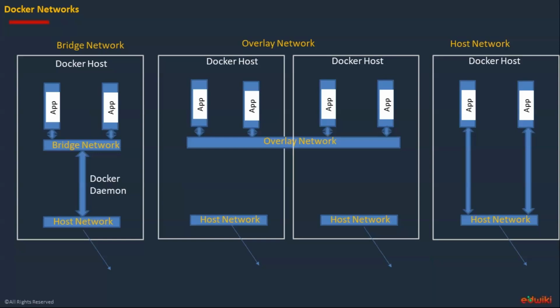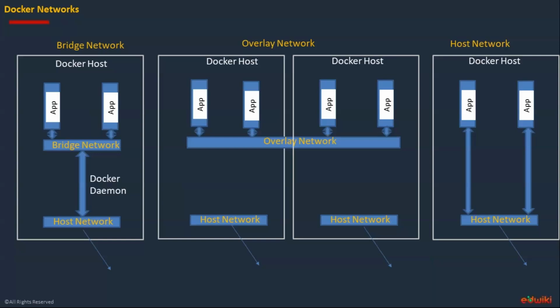Bridge network is the default if you are not customizing the networking components. And if you ask me what type of network we use regularly in real time, I'm sure in 99 cases we will be using the bridge network only. I haven't used the host network or the overlay network anytime in my experience.